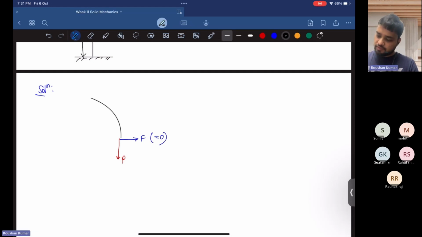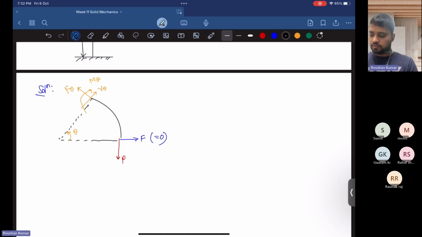This is the center of the beam. Suppose this is making an angle of theta. There is a shear force V theta acting, some extension force, stretching force F theta, and there is some moment M theta.